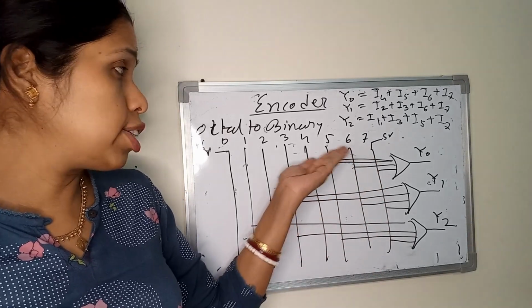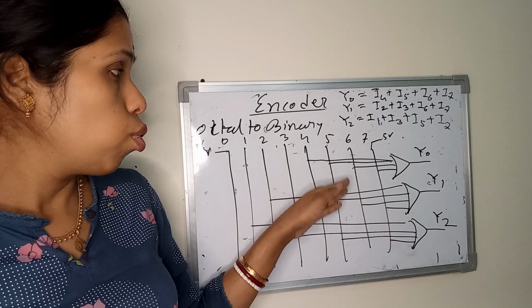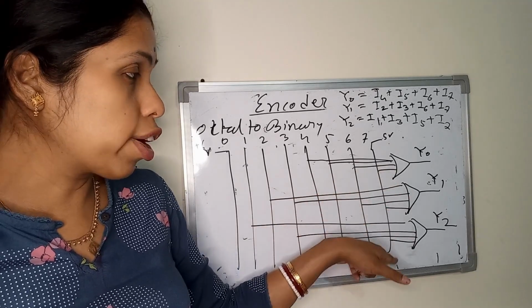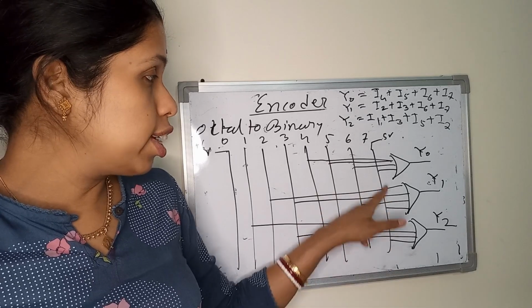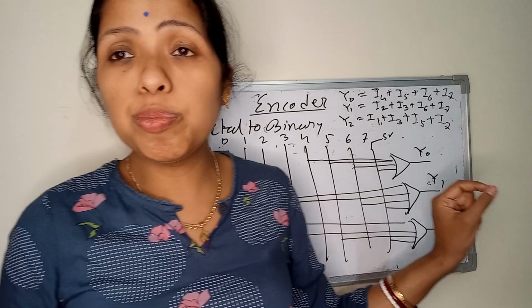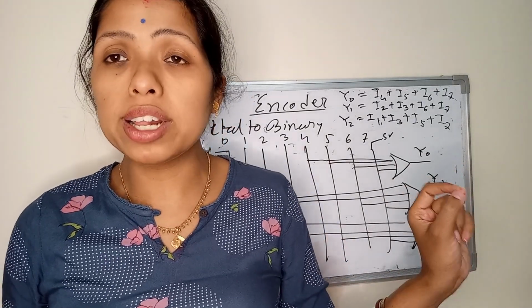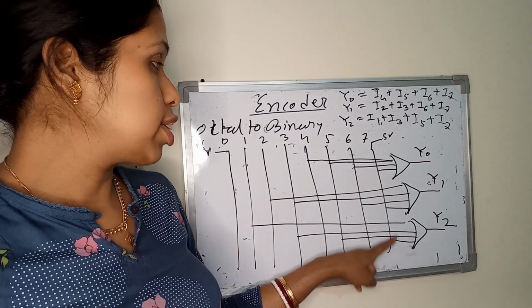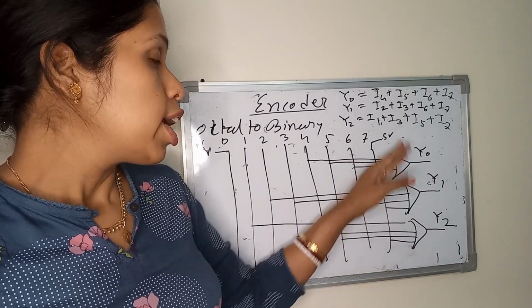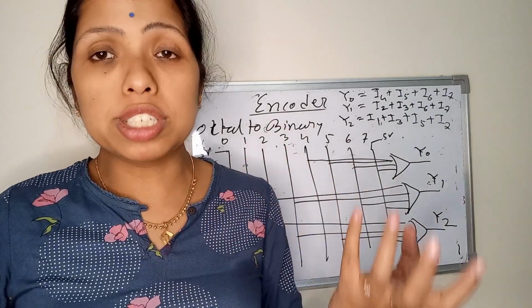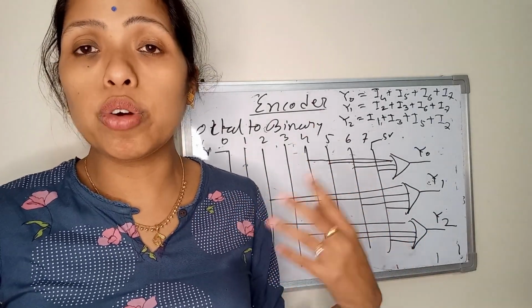Though the other channels are 0, I7 is connected with all 3 OR gates. That means I am sending logic 1 through all 3 OR gates. If any input of an OR gate is 1, the output is 1. So all the outputs will be 1 1 1 when I send 7.